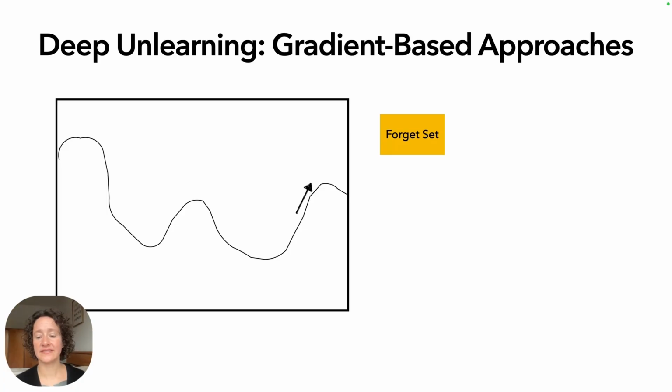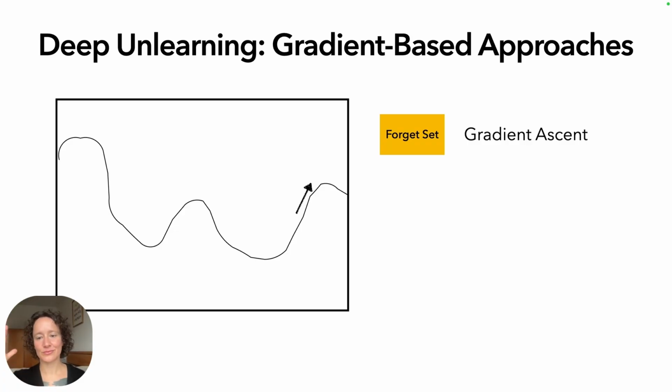Once we have our forget set, usually we're doing gradient descent. So here's my loss landscape. Imagine it's in high dimensions. I am not a good artist. Imagine it's in very high dimensions. So just in your brain, try to imagine perhaps thousands or millions of dimensions.